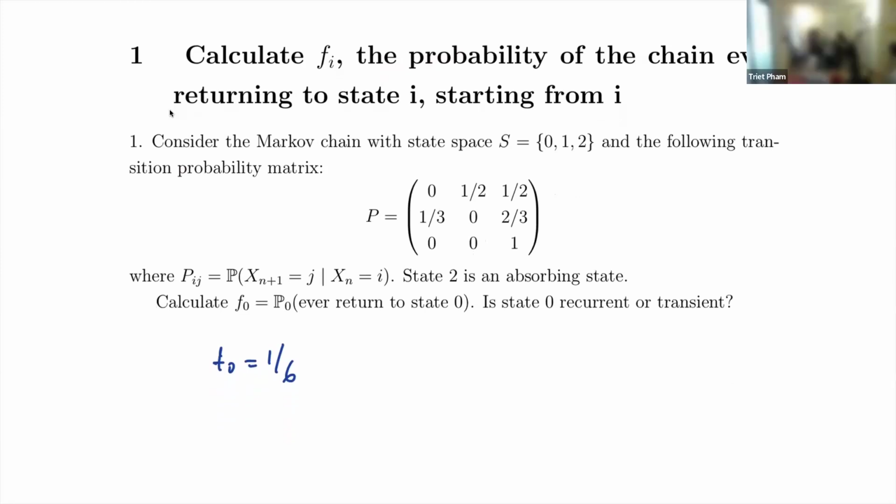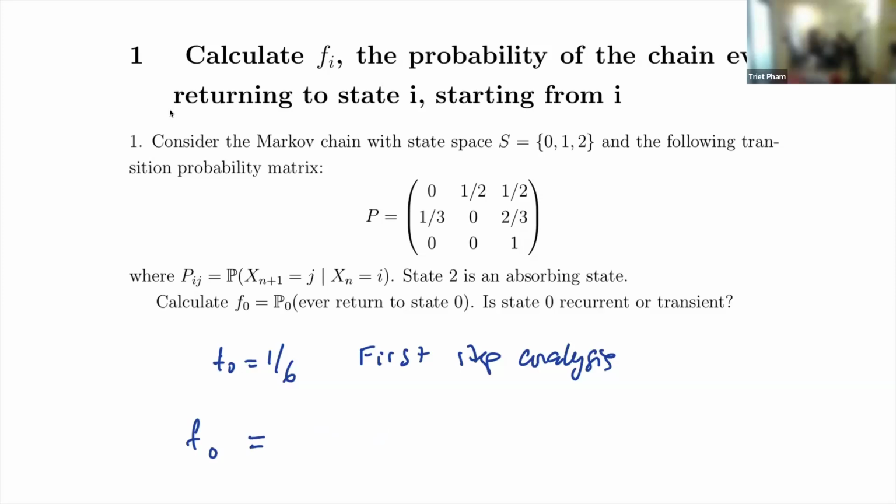Okay, so great, right? So actually what Riva was doing is exactly what we call first step analysis. So F0 is equal to, let's say you go to X1, so something like this.